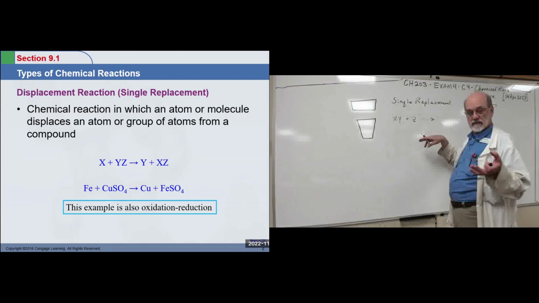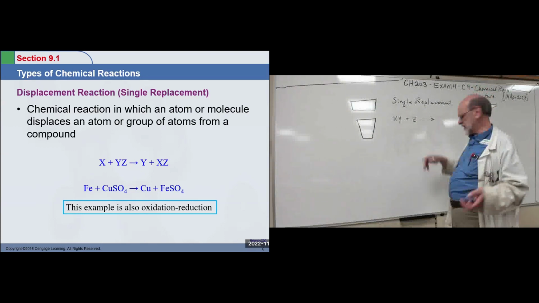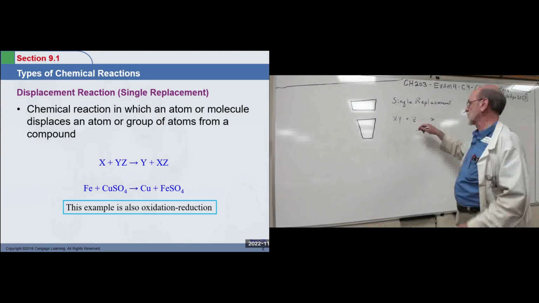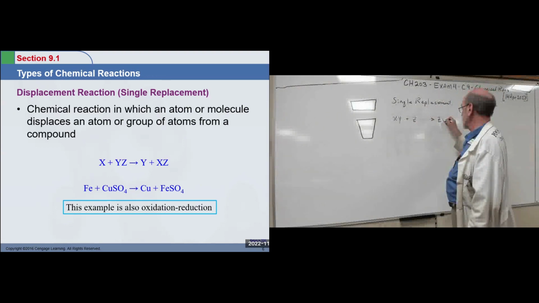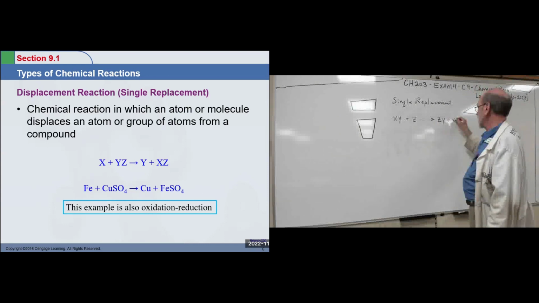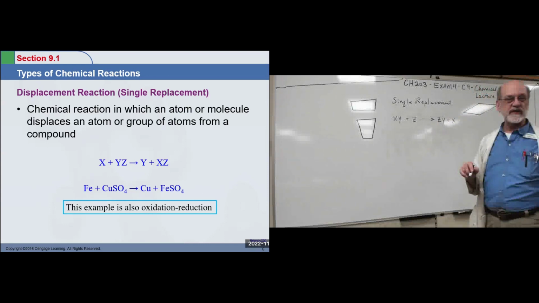In the example, they have X and Y, Z. Well, that's okay, this works. I'm going to replace that X with this Z. So we'd have ZY plus X. That's a single replacement.